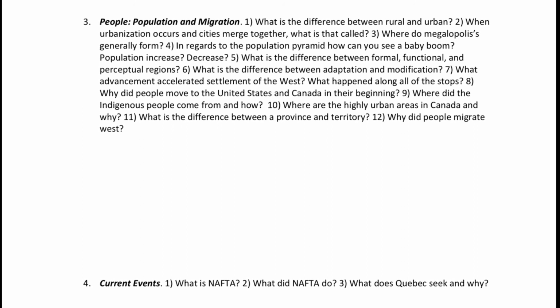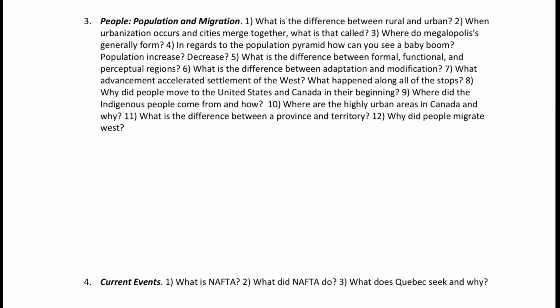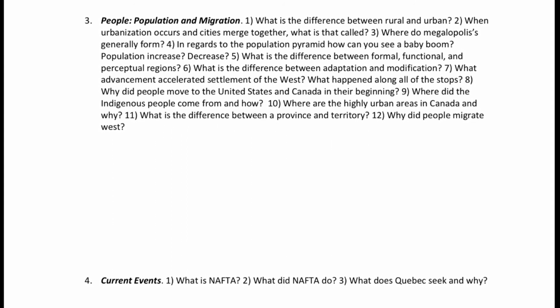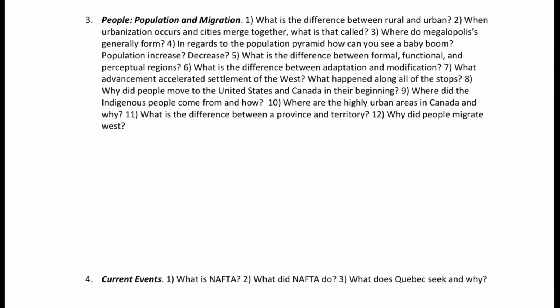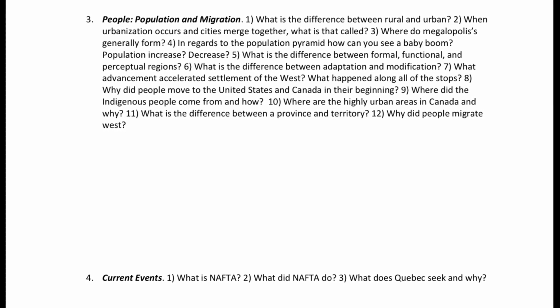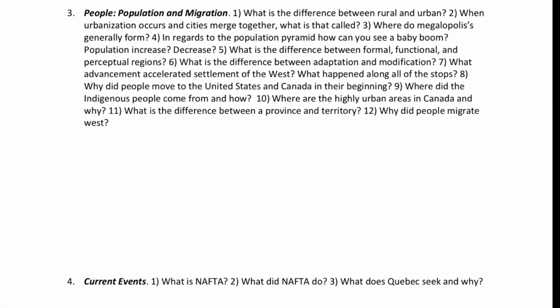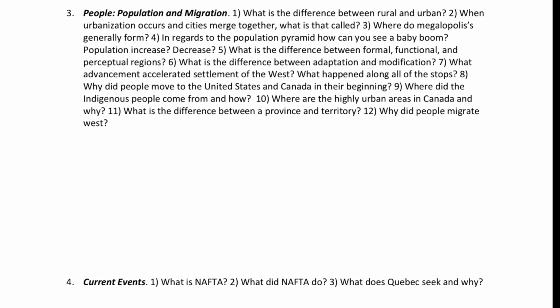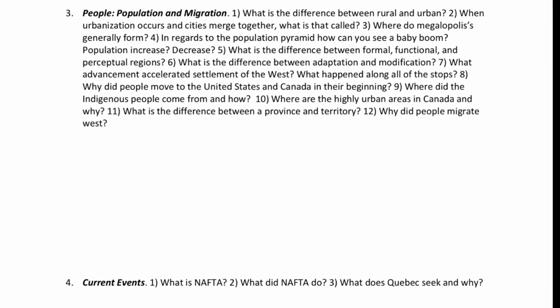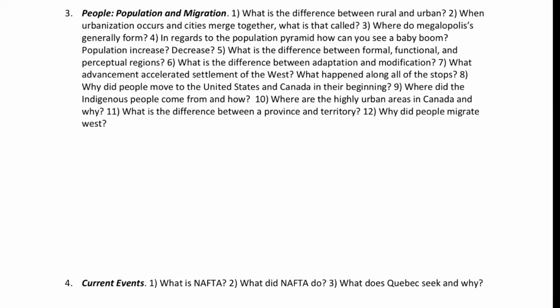Number 11, what is the difference between a province and a territory? The answer is easy. Population size. A province and a territory are both organizational methods within Canada to organize its people. Within a province, you have enough people to organize them into these different regions so that they can have local representation.